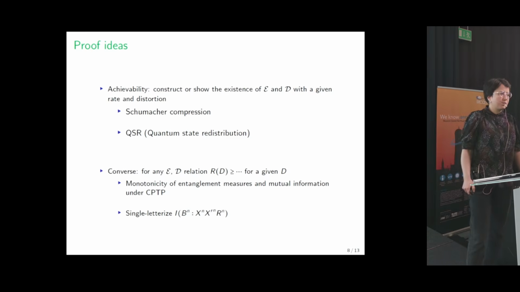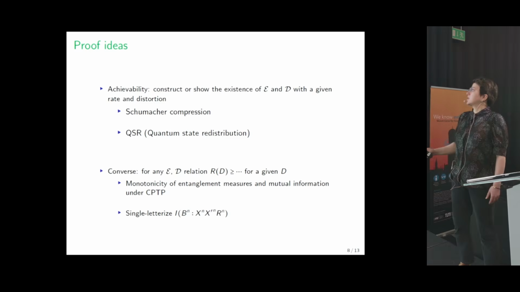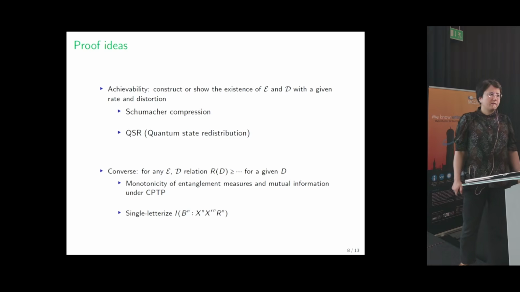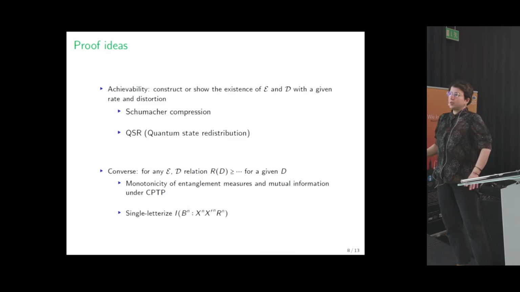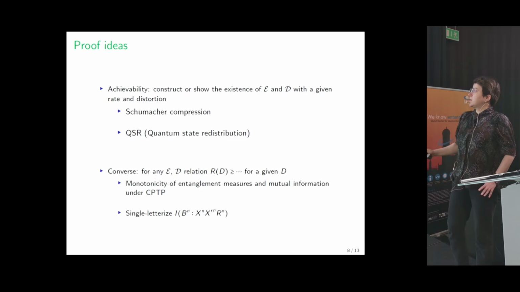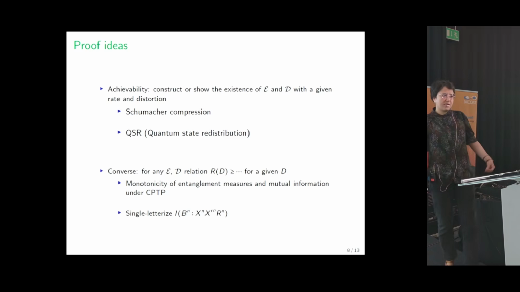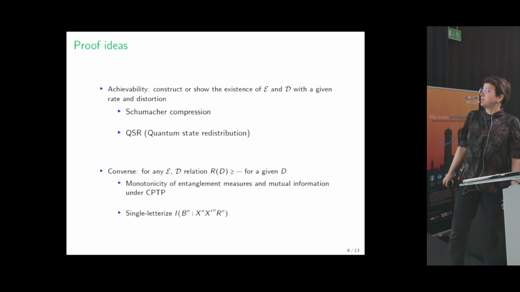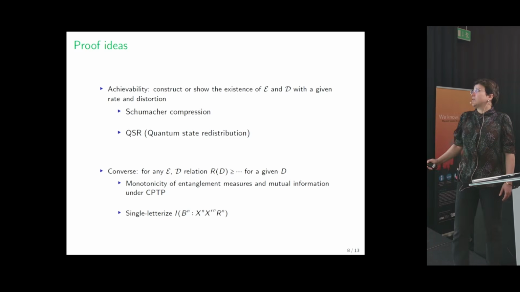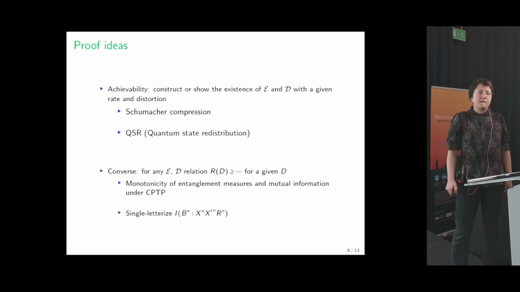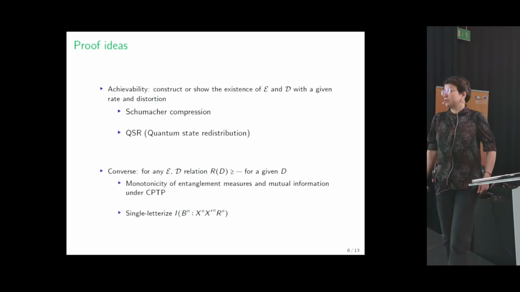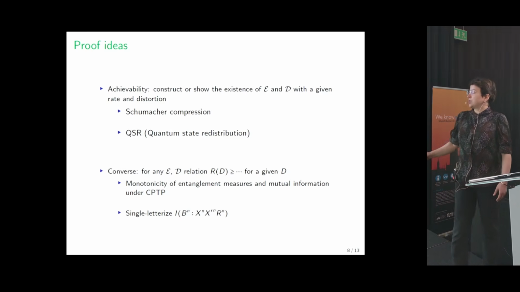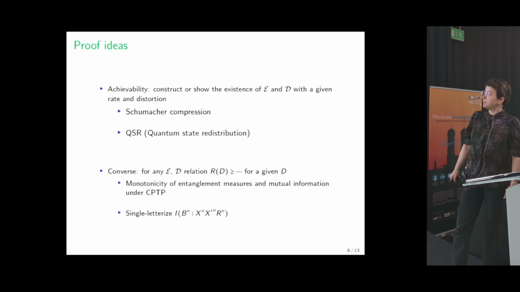In the achievability proofs, what we do is explicitly construct this encoder and decoder that achieves a certain amount of compression for a given amount of distortion, or sometimes, if we don't care, we mathematically show that there exists such an encoder and decoder that can achieve a certain compression rate for a given amount of distortion. This is called achievability proof. What we do in our setting is use already existing protocols such as quantum state redistribution and Schumacher compression, and we modify these techniques to apply in our scenario to show the existence of such an encoder and decoder.